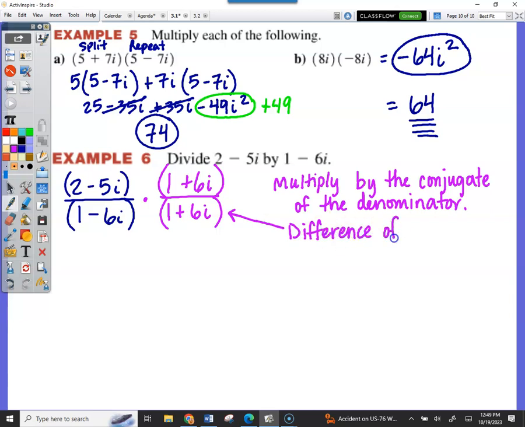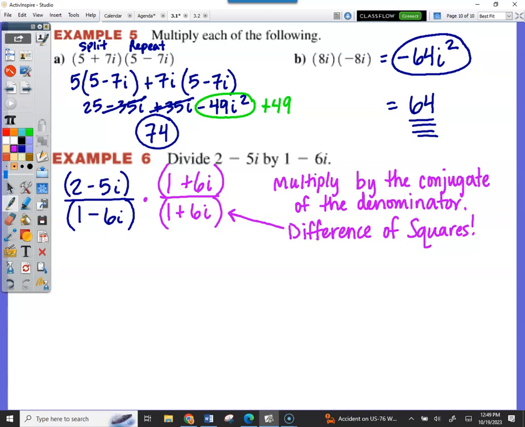I'm going to call it a difference of squares. Which means you should always just come to a single number, okay? After you multiply successfully, the bottom should come to a single number, no i's involved. It's the top that will still have i.